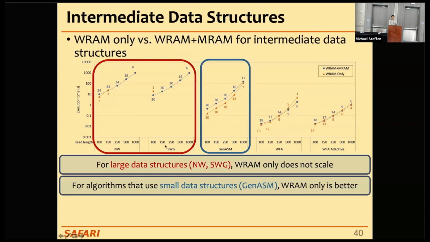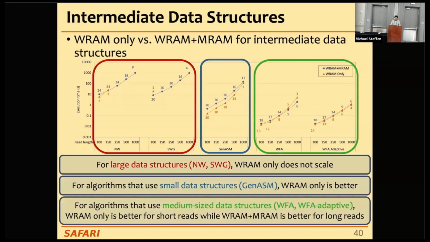For algorithms that use small data structures like GenASM, WRAM only is better because the data structure is small, so it typically fits in the WRAM. And for those with medium-sized data structures, WRAM only is better for short reads, but for longer reads, we need to go to the WRAM plus MRAM approach, because otherwise the WRAM only approach requires us to reduce the number of concurrently running threads.